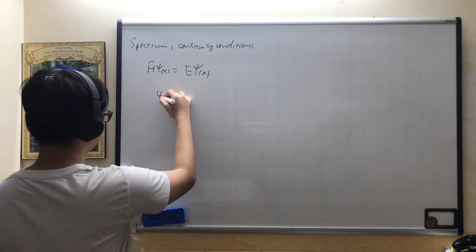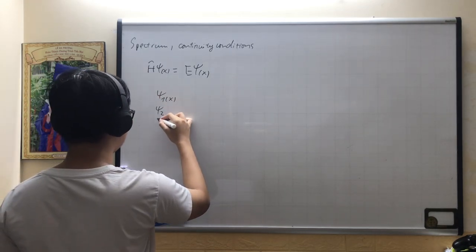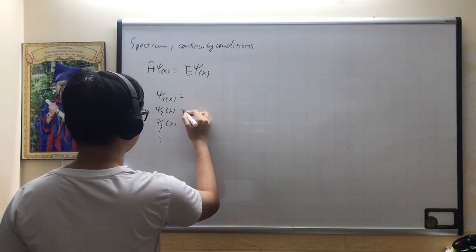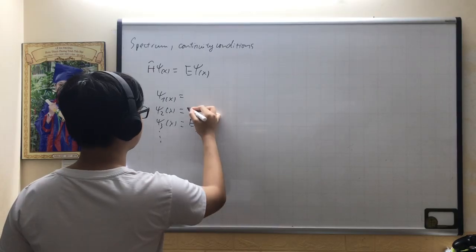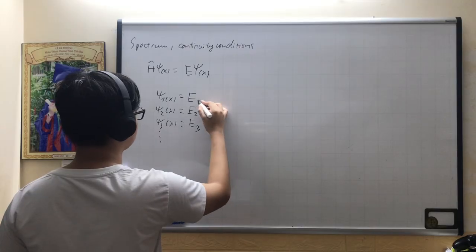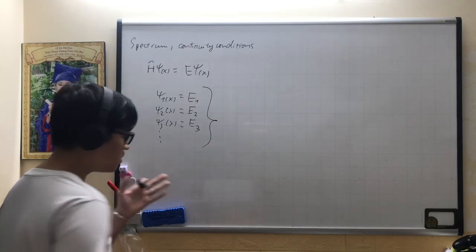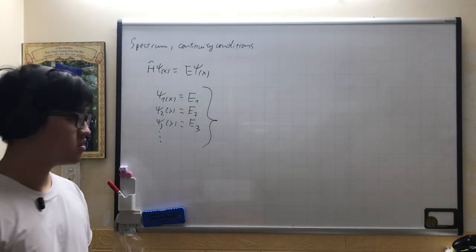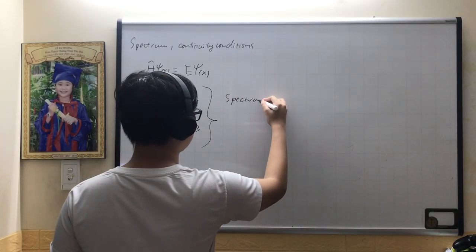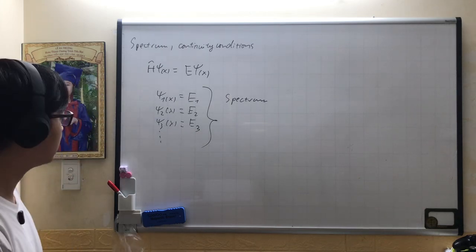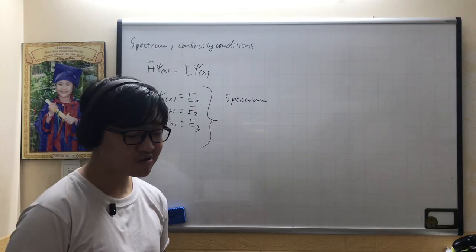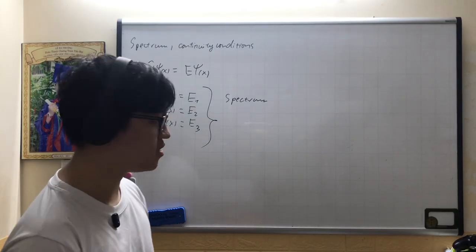It would look something like this: 1, 2, 3, and so on. These would be assigned to energies. This is called your spectrum. So basically, it just assigns these eigenfunctions, which are a bunch of stationary states, to an energy.